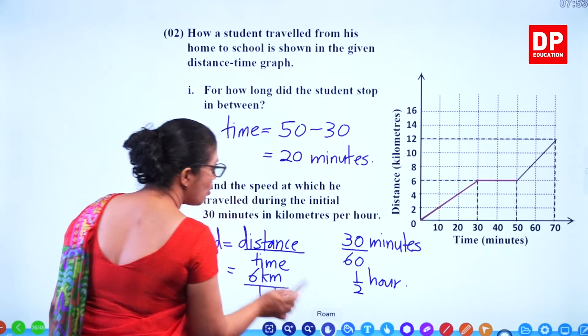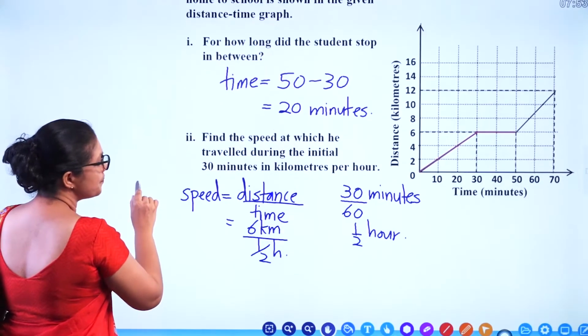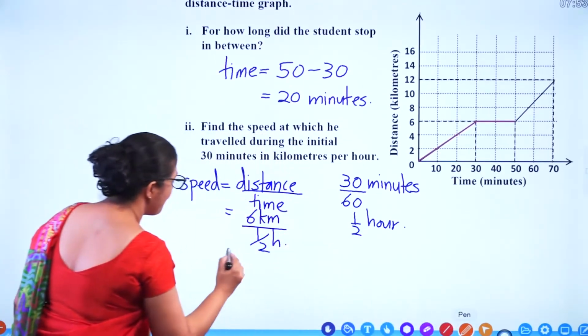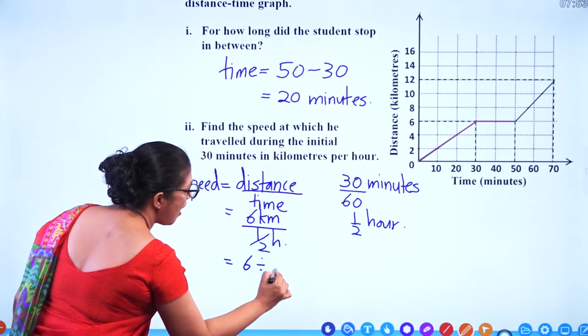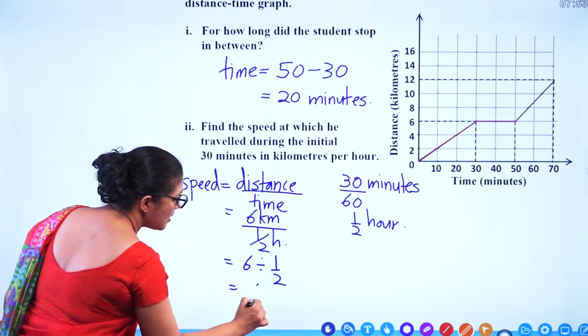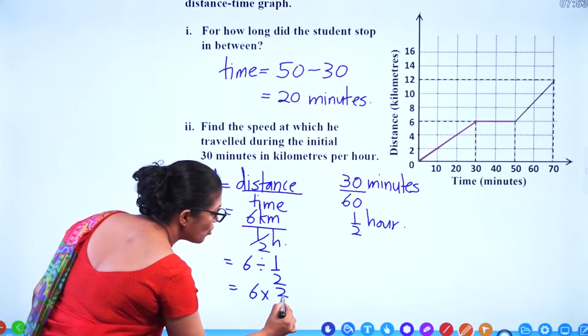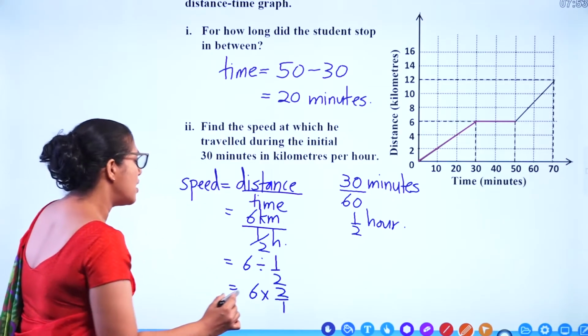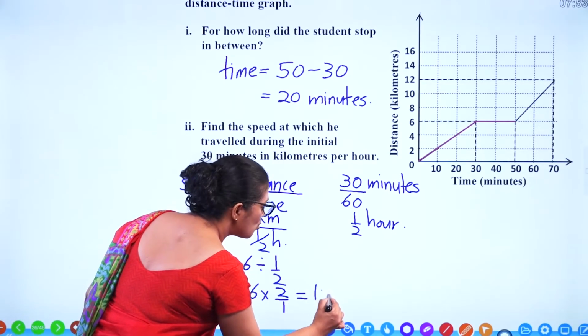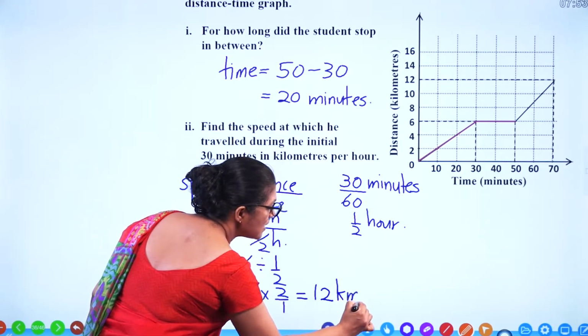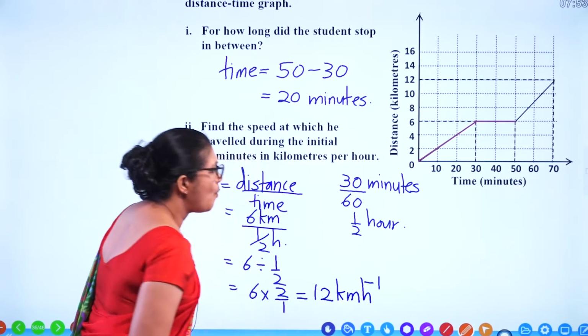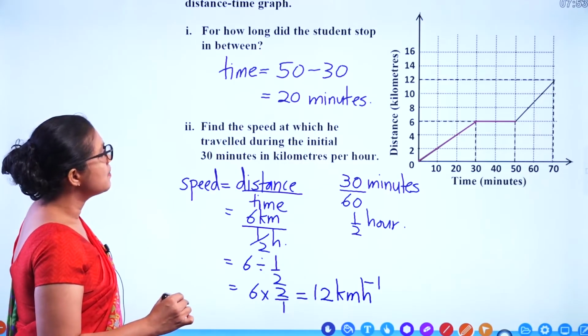So how you find out the value? 6 divided by half means 6 multiplied by the reciprocal. Reciprocal means 2 goes up and 1 goes down. 6 times 2, 12 kilometers per hour. So that's the speed.